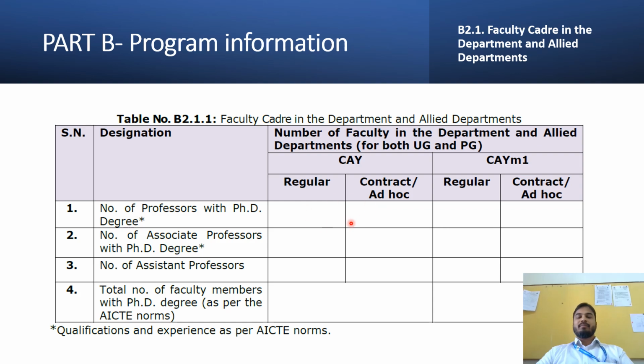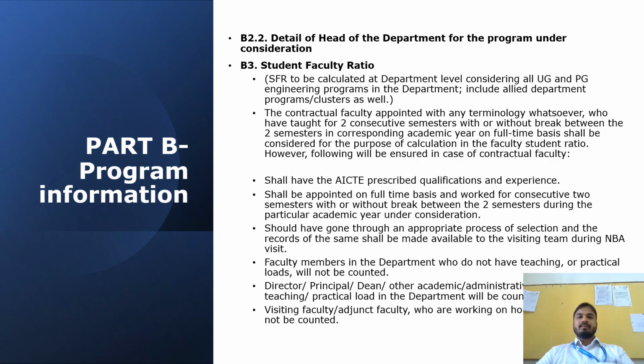Altogether the number has to be displayed over here for CAY and CAY M1. Similarly with the number of associate professors with PhD degree and number of assistant professors. Total number of faculty members with PhD degree as per AICTE norms has to be written over here, considering all professors, associate, and assistant professors.